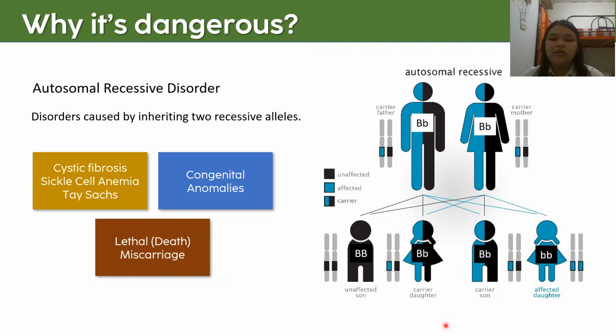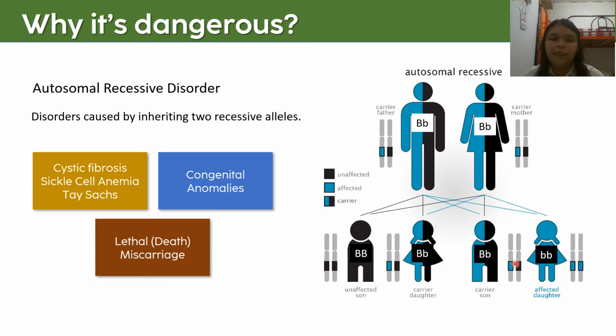So imagine you're this little girl right here. She has one dominant allele and one recessive allele. But this doesn't mean you have one eye blue and one eye brown. No. In this case, the dominant allele will suppress the trait of the recessive allele, which means your eye color will be brown.